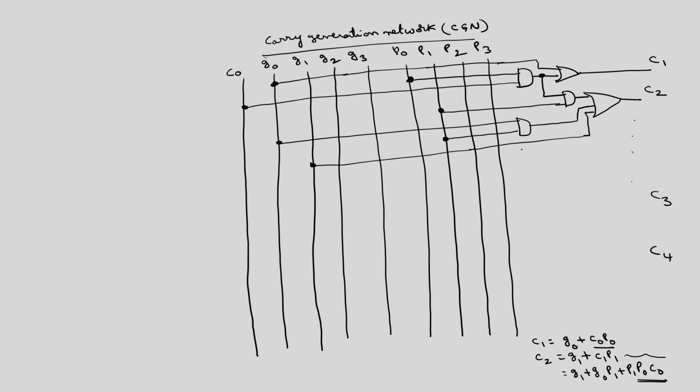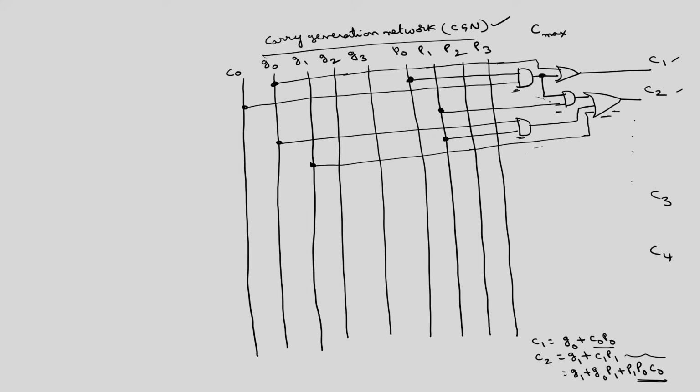Among all the paths, the path which takes the maximum computation time determines the time taken to generate all the carries. If I take between these two, which one is the longest path? This is one AND gate followed by an OR gate. This is also another AND gate, another AND gate, another OR gate.